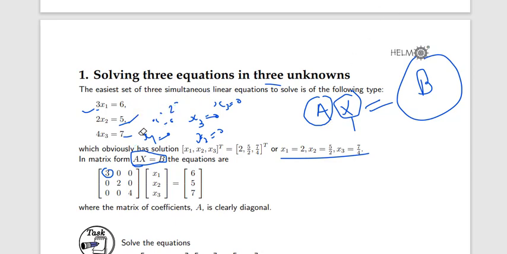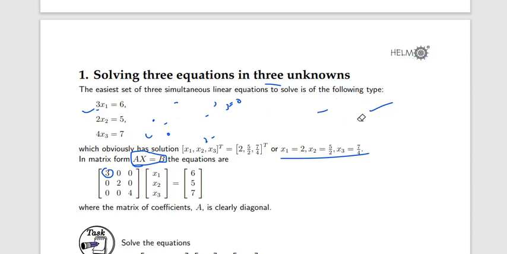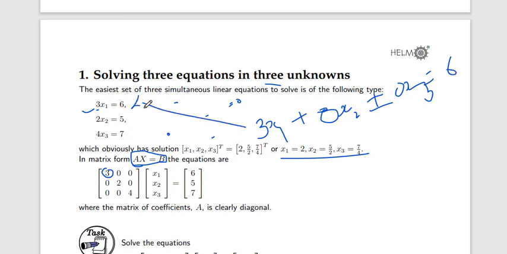If we write the equation as 3x1 plus 0x2 plus 0x3 is equal to 6, this is how we write the first equation.